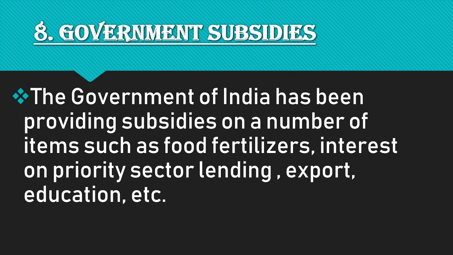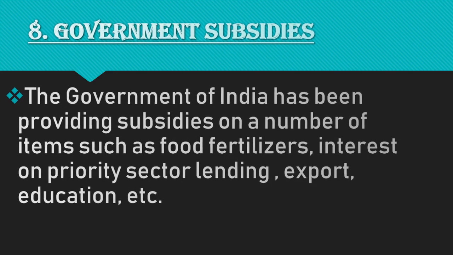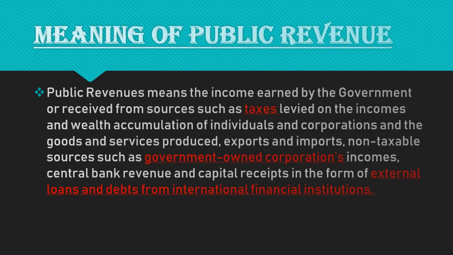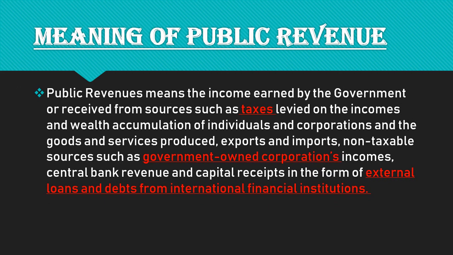Now we will move to the next point, that is public revenue. We have just now understood the public expenditure. Now you will come to know what public revenue is. Public revenue is one of the branches of public finance. It deals with the various sources from which the state might derive its income.